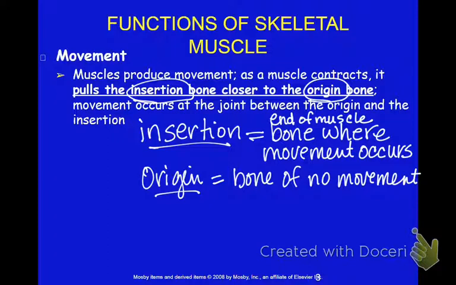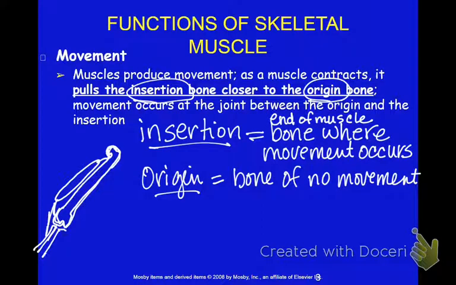So if we look here, I'm going to draw a very poor representation of the humerus. Got a ball on one end, right? And a hinge joint on the bottom, okay? And we all know that it goes down here onto the radius and the ulna.